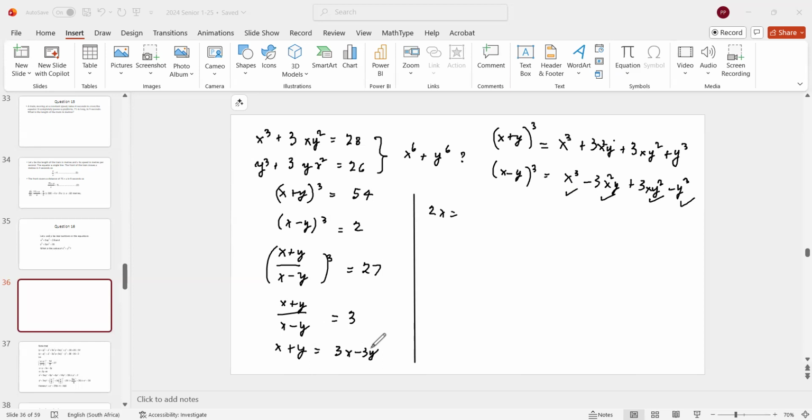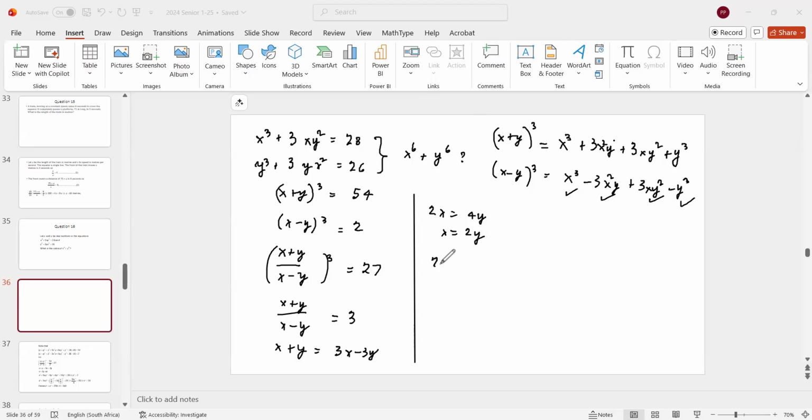On the other side, y plus 3y is 4y, which gives you x equals 2y. All right, so now we found x in terms of y. Now that's powerful. It means I have only one equation. Wherever I see x, I'll put 2y. So let's do that in the first case.